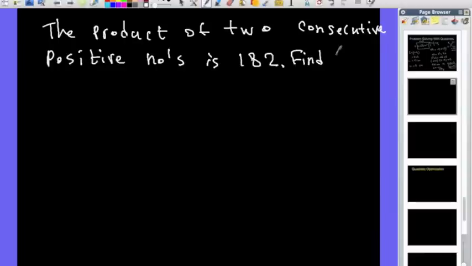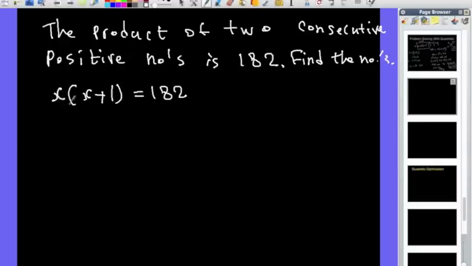Find the numbers. So we know that consecutive means one after another, right? So it would be x and then x plus 1 equals 182, right? It's one consecutive after another.